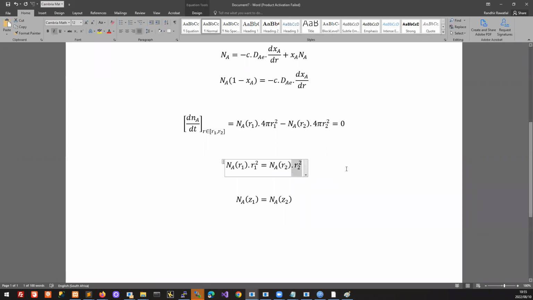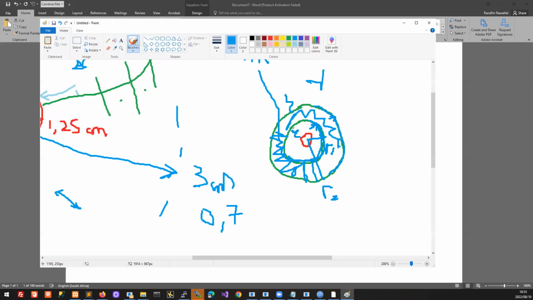Okay, so that's what we actually have. And this is true of all radial positions, right? If we are requiring that these two radial positions are equal, so we are saying this has the relationship with this, then you see we can write the same thing on all the radial positions.